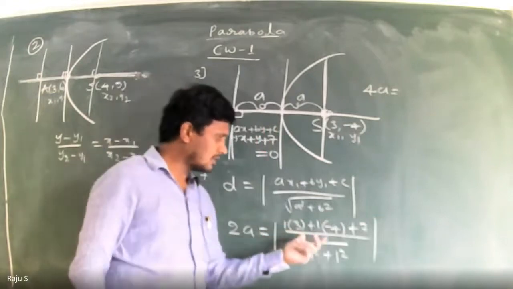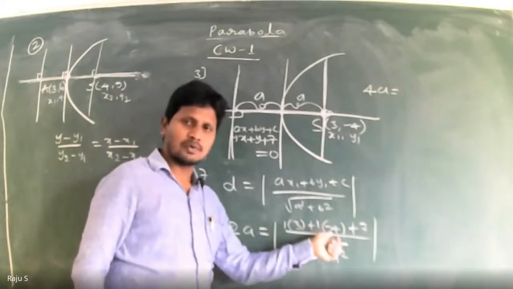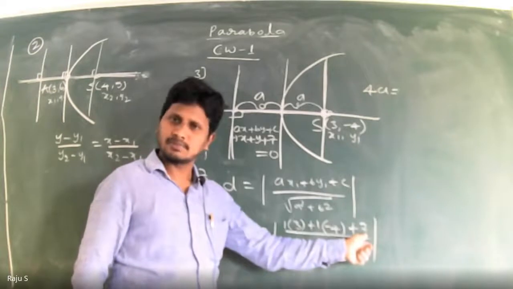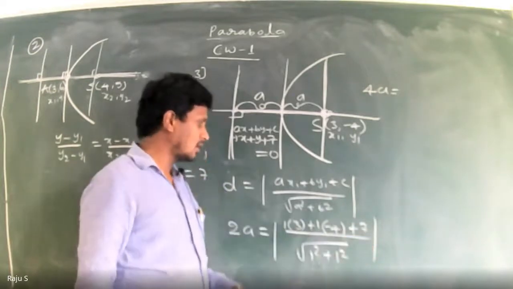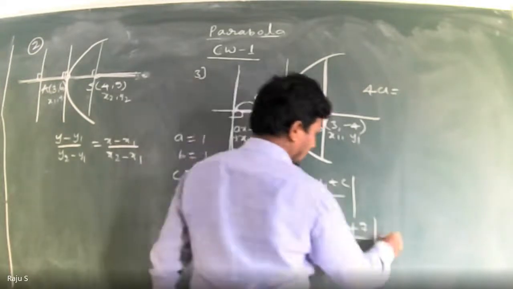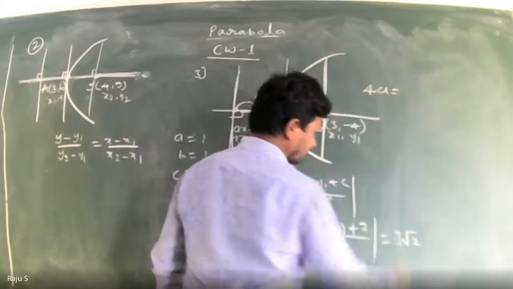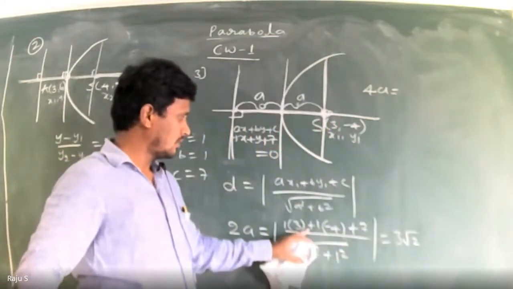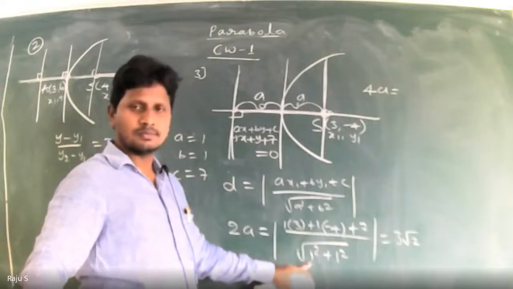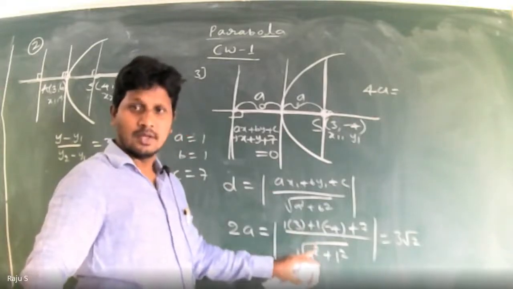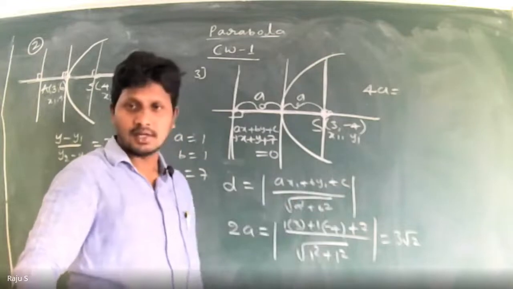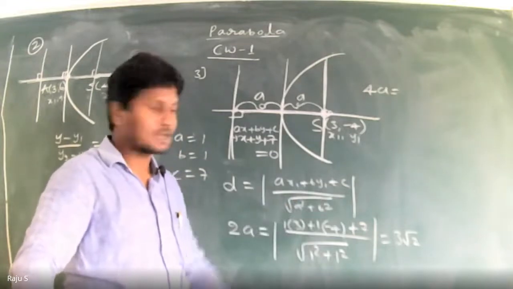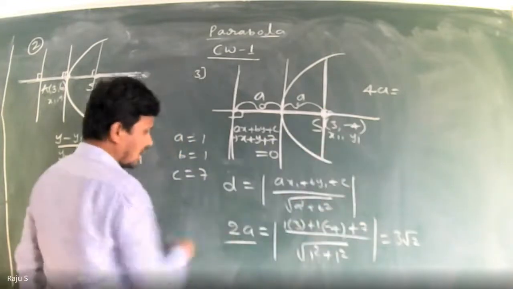So what is the answer here? 3 minus 4 minus 1 plus 7, that is 6 by root 2, nothing but 3 root 2. But what is the length of the latus rectum? Always 4a. This is the 2a value.